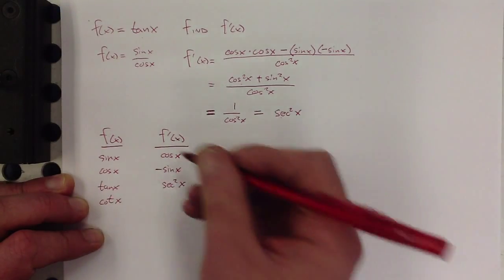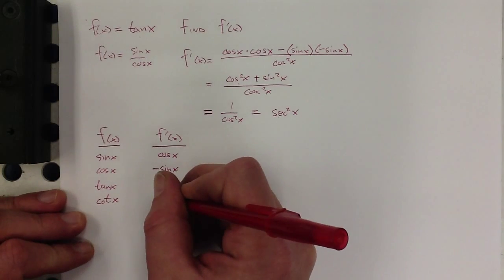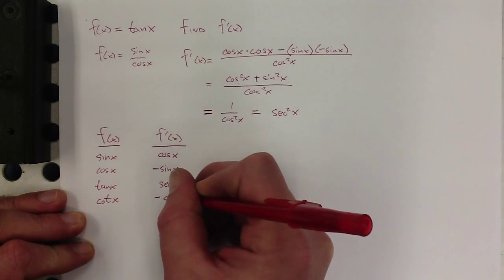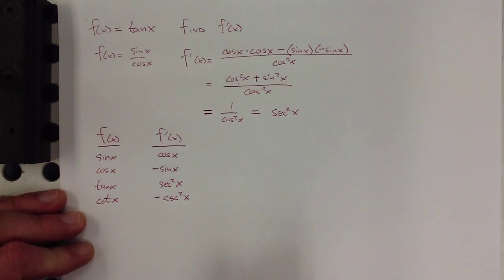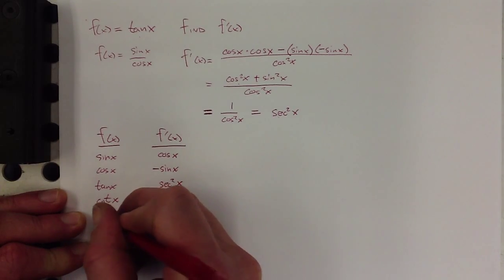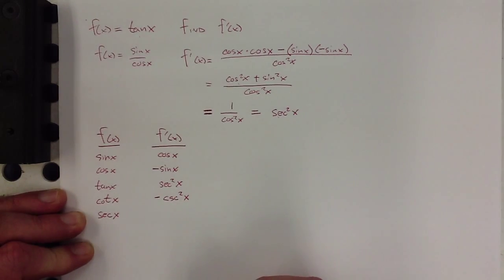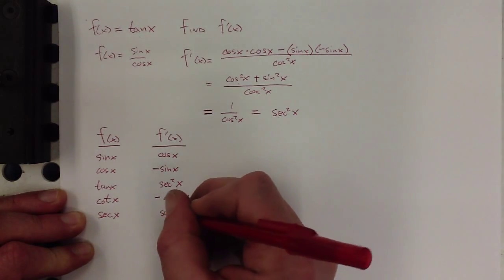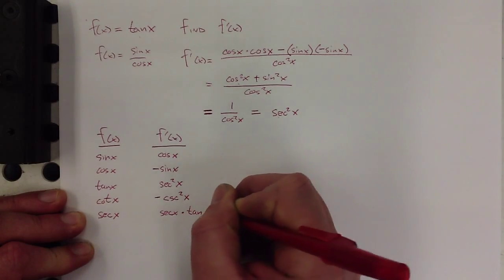Cotangent? If you were looking for a pattern here, I don't know, maybe, what would you guess? Well, did you guess negative cosecant squared? How about the derivative of the secant function? The derivative of the secant function is secant x times tangent x.